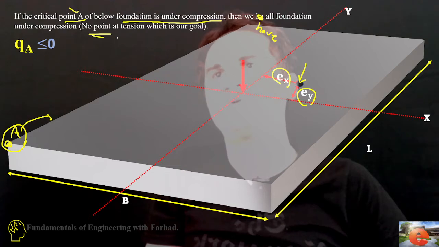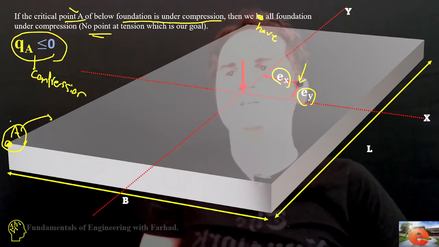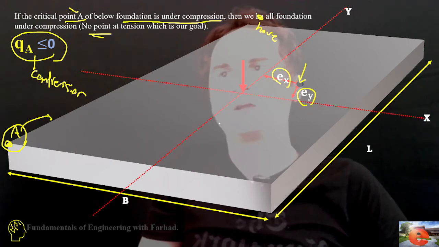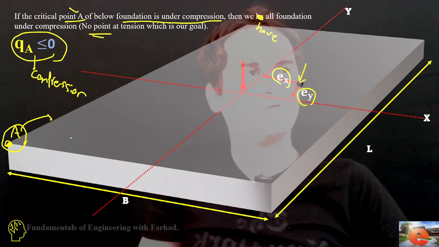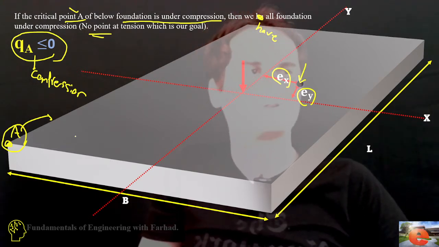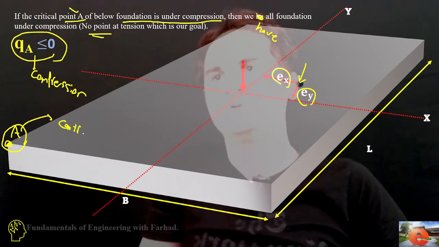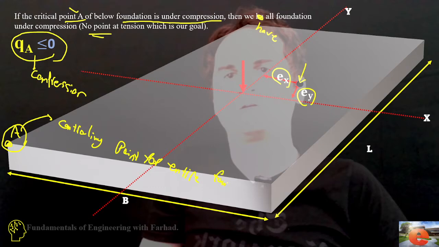If the critical point stress is under compression, the conditions of the other points are better than the critical point. So if the worst point is under compression, the others are safe. That's the controlling point for the entire foundation.